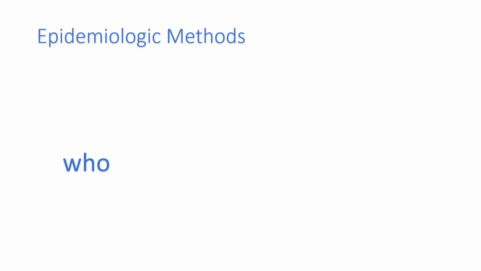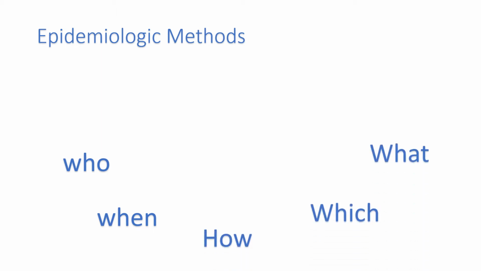Well, epidemiologic methods basically vary depending upon the question that you're asking, what you're looking for. It is the who's, the when's, the how's, the which and what's that are looked into and then analyzed and finally compared to get an understanding of the scenario that we are looking into.